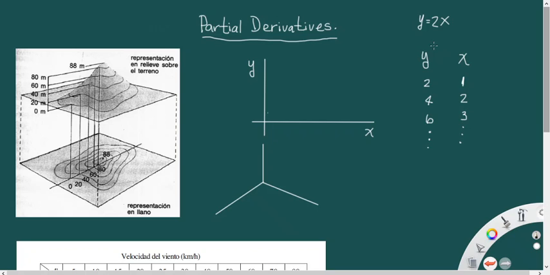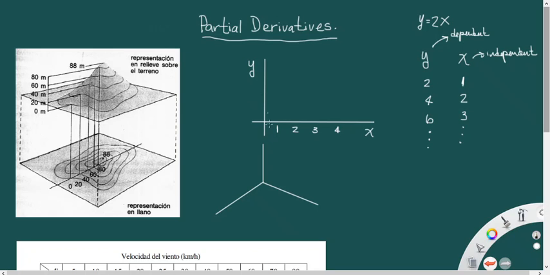So you are used to having this as a dependent variable and this as independent. You plot this, you have only a couple of values. You have here x equals 1, x equals 2, x equals 3, x equals 4.